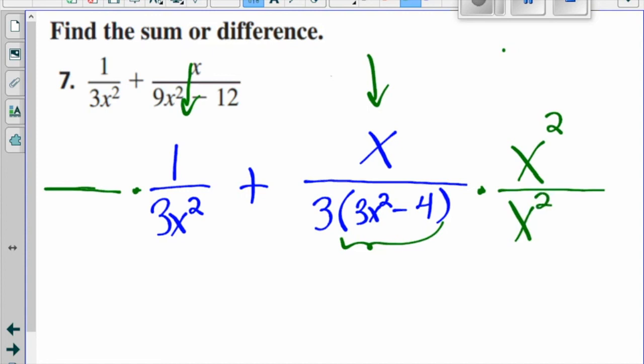It doesn't have an x squared. Now the one on the right does have an x squared, but it's what? 3x squared minus 4. All of those are stuck together. This is a term. So this x squared is actually different from this one here. They're different terms completely. And the main reason is that the one on the right is being multiplied by 3 and then subtracted by 4. The other one is just by itself.